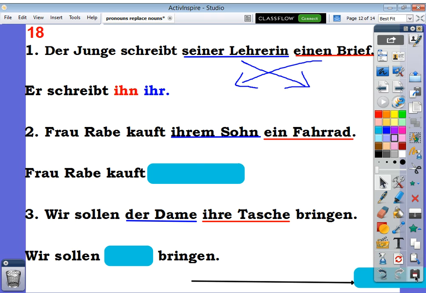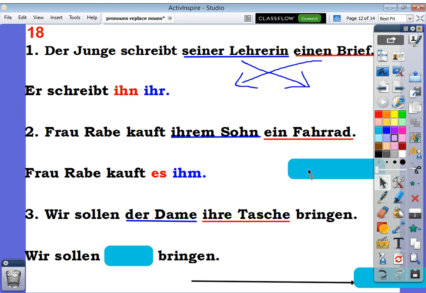Ihn, ihr. Okay. Ihn replacing Brief. Ihr replacing seiner Lehrerin. Okay. So, see if you can figure out the rest. As I can see, we're running out of time.